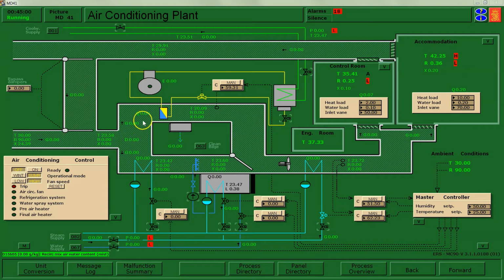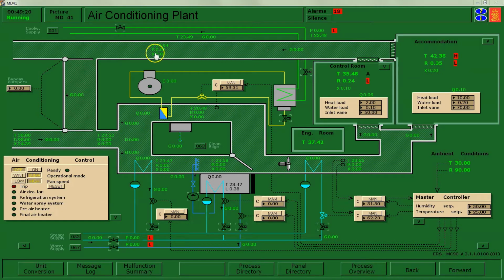The summertime operating mode is going to be this pathway, which passes by my refrigeration plant, which allows that air to be cooled. It then circulates using a fan, and we have a heater in our system, and then it makes its way to two spaces.